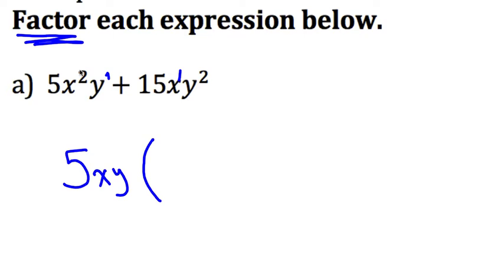So 5 divided by 5 is 1. You can put a 1 there if you want to, but I'm not going to. Now if I started out with x squared, that's like starting out with 2 x's, like x times x. I took one of them out here, so there's still 1 left. I started out with 1 copy of y, but I took that out, so there's no y's left. So my first term is just an x.